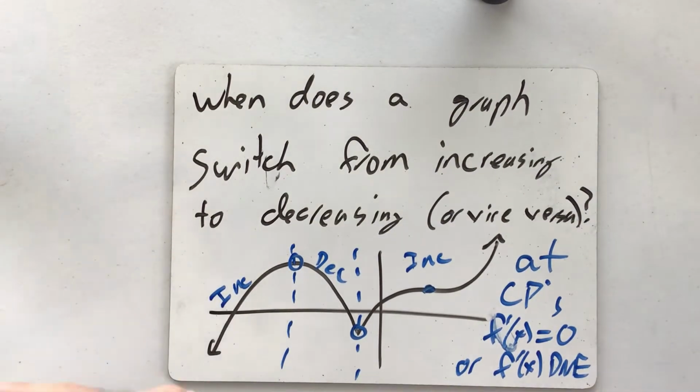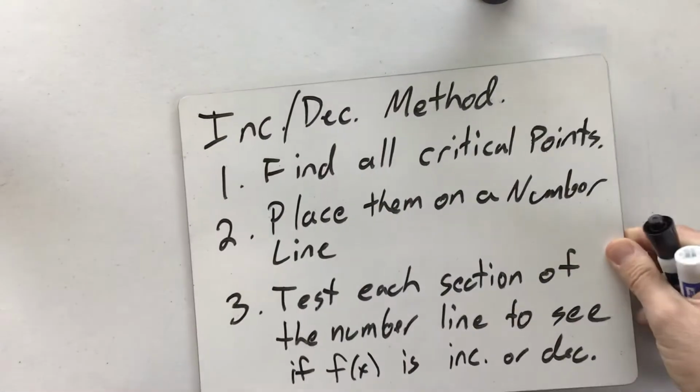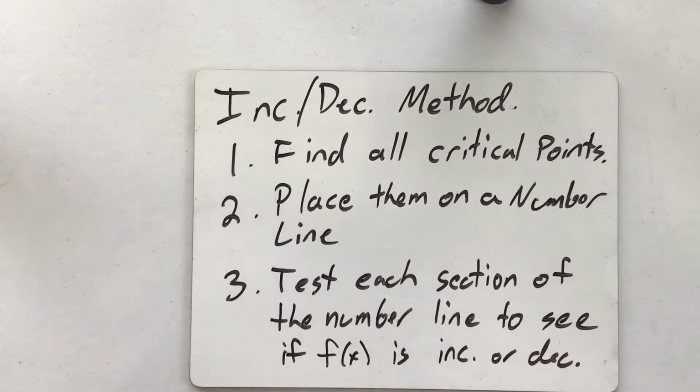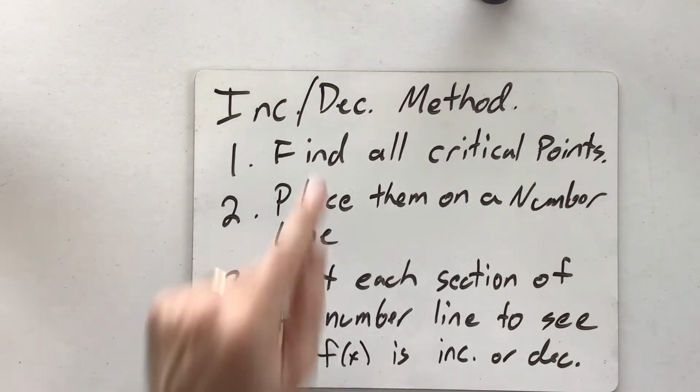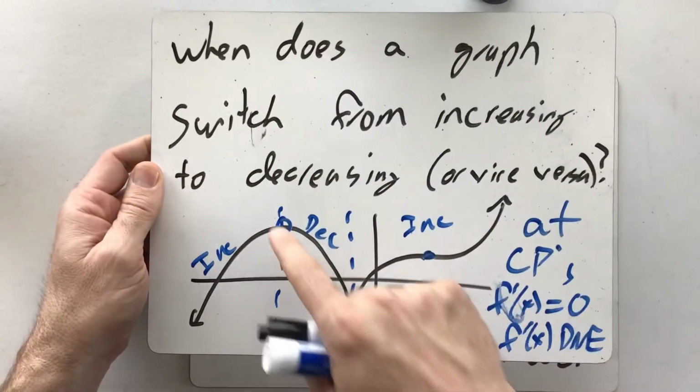Okay, so this gives us a method for determining when a graph is increasing or decreasing, and I'm just going to call this the increasing decreasing method. This is my own wording, so people probably don't know this terminology outside of me. What you do is you start by finding all critical points. Like this problem right here, we find all the critical points.